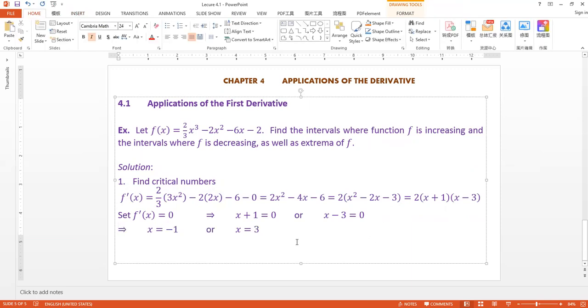All right. So these are the two critical numbers, -1 and 3. Then that's the first step.